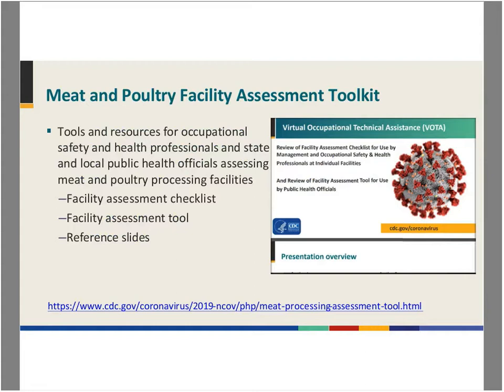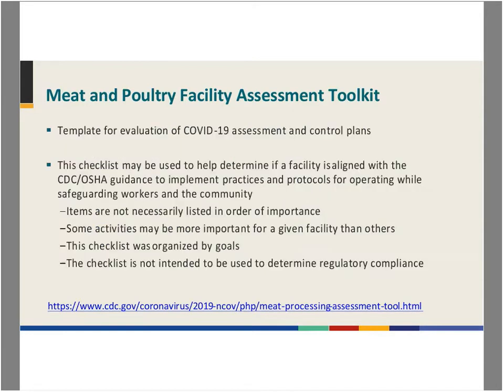All right. The Meat and Poultry Facility Assessment Toolkit. This was a resource developed for safety and health professionals and state and local health department officials, and we want them to use this to assess facilities. The facility checklist is shorter than the facility assessment tool and reference slides that are out there.